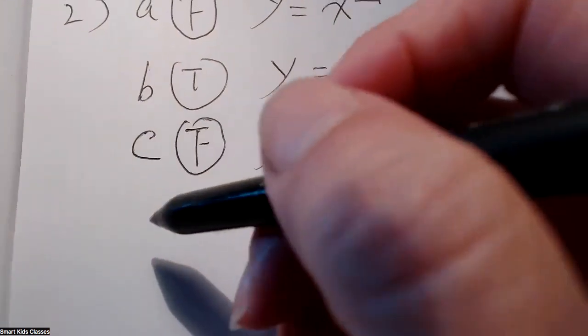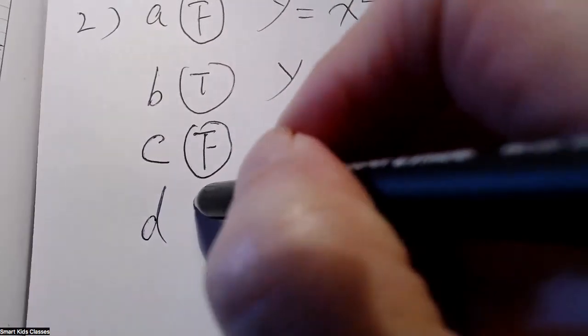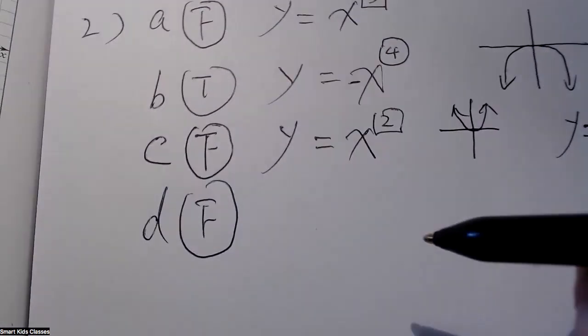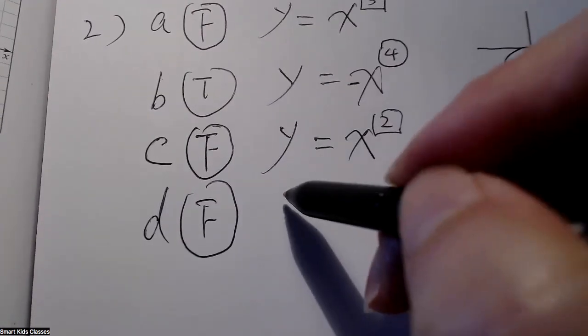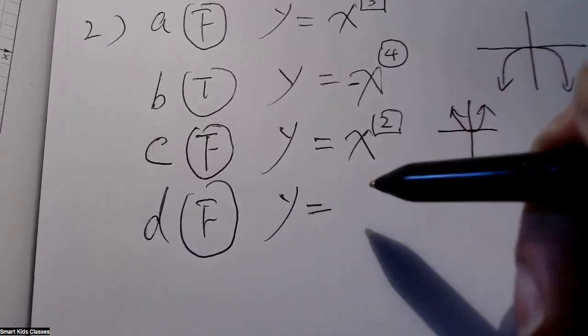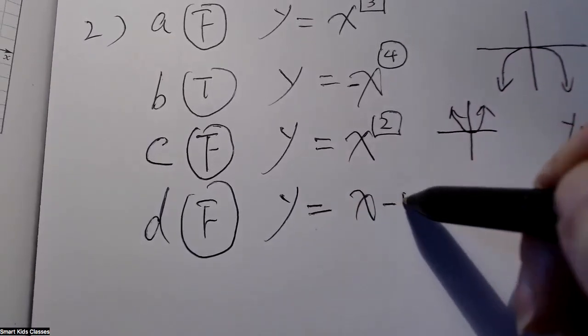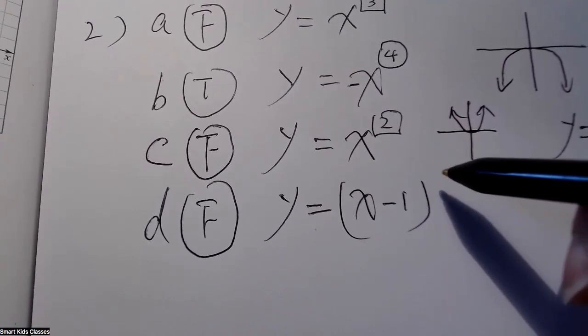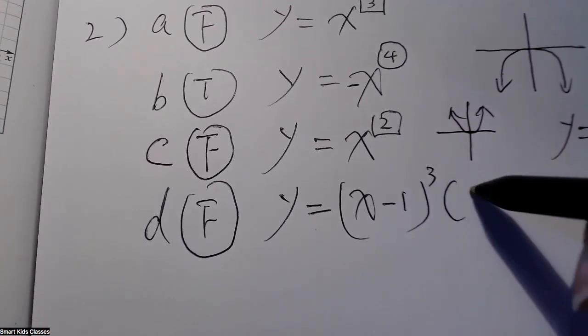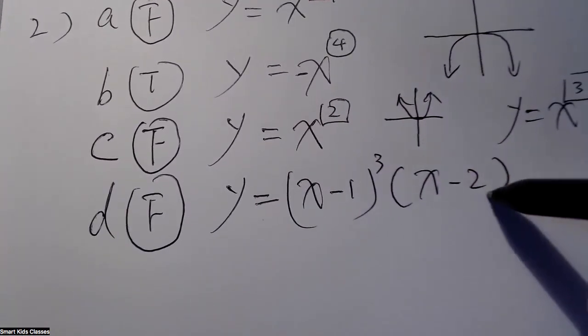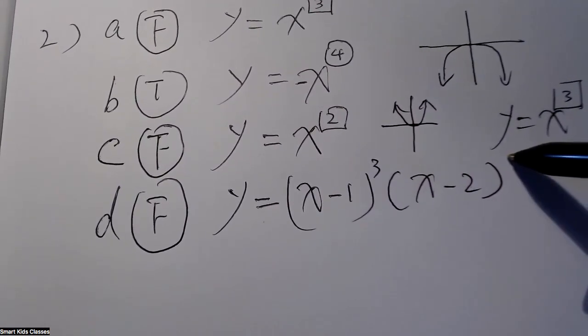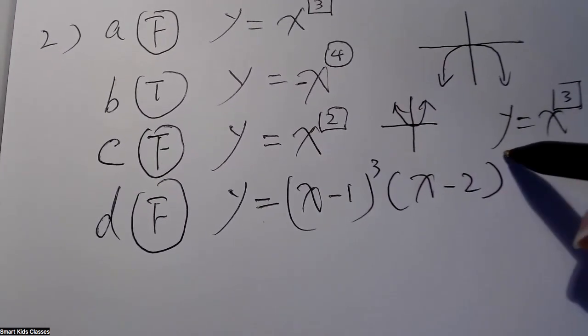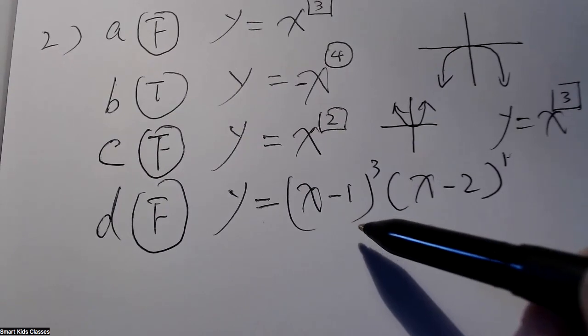So for D, we mark it A first. So if I give you an example, y equals (x minus 1) exponent 3, and times (x minus 2) exponent 1. So you know x is going to be an exponent 4.